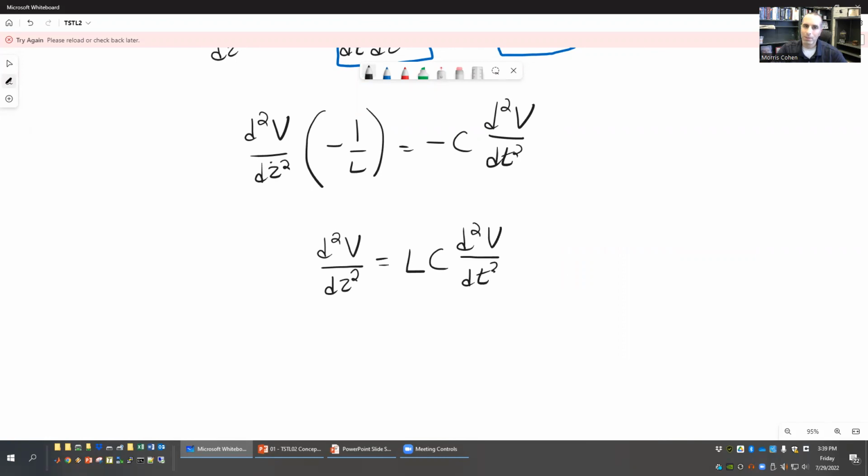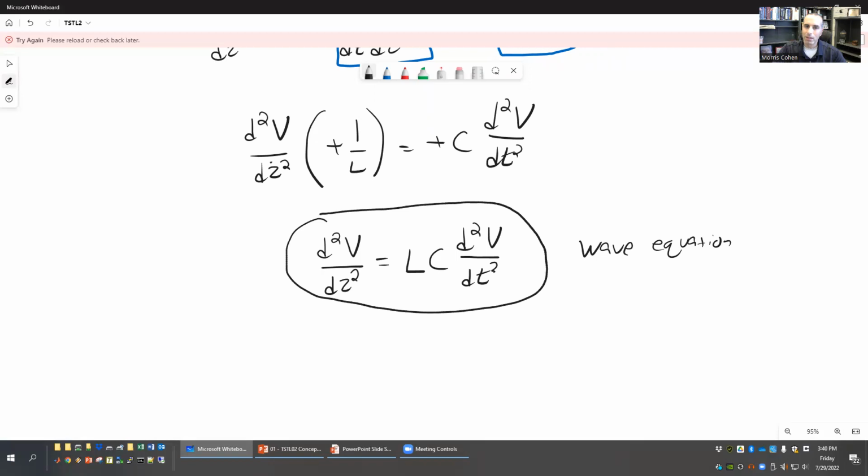The minus signs canceled out on the two ends, so this is what we are left with. This is called the wave equation. I should say it's a simpler form of the wave equation, but it's the one that we are going to use right now to prove that a transmission line is in fact a conductor of moving waves.